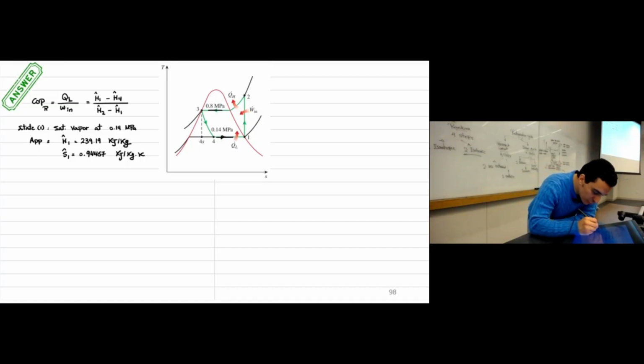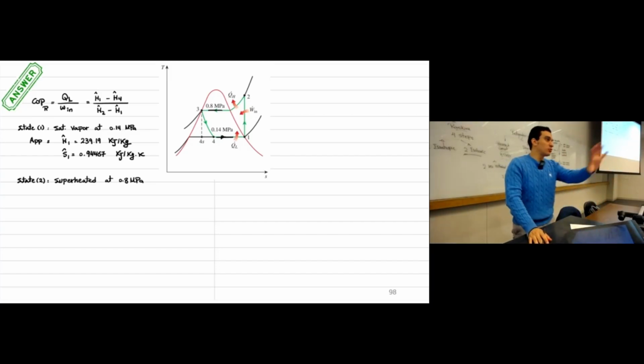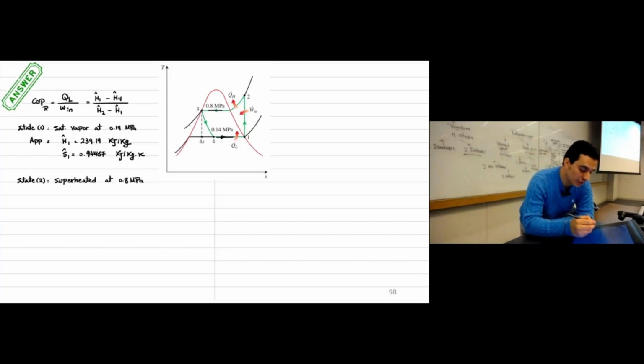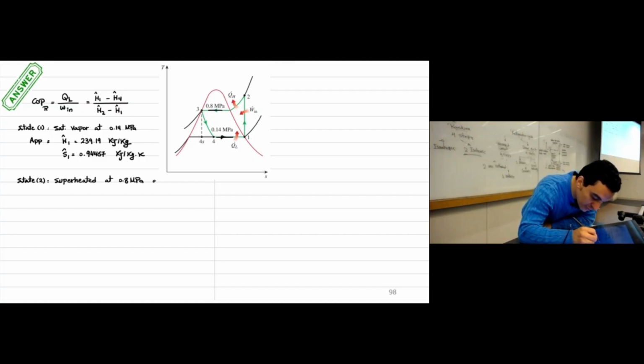Now we can go to point 2. This is superheated. And I know that its pressure is 0.8 megapascal. But one information is not enough for superheated or compressed phases. So we need another information, which is the entropy at point 2.